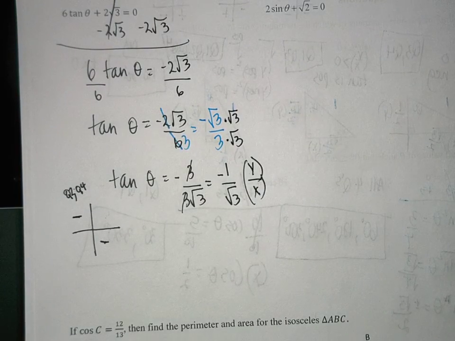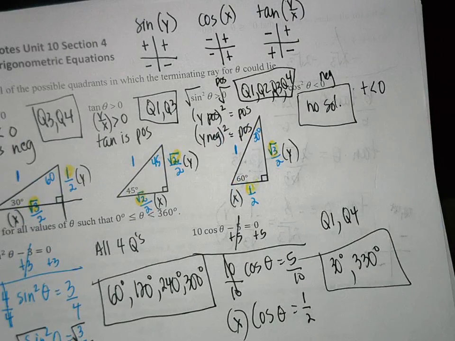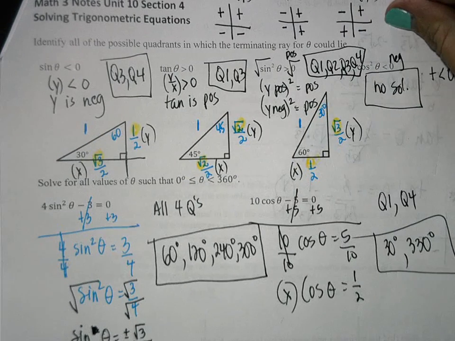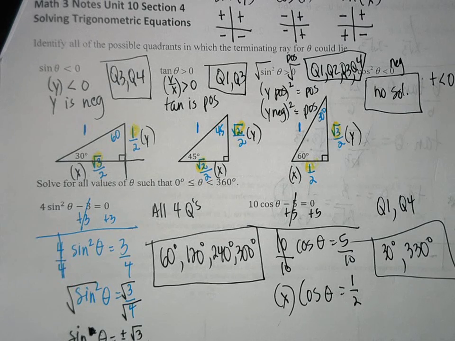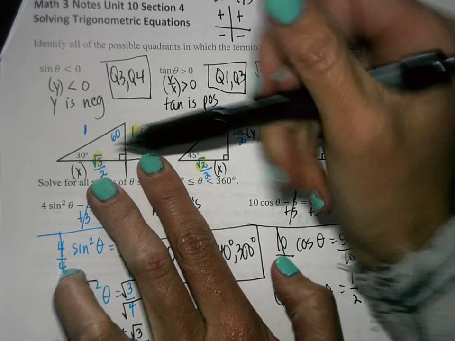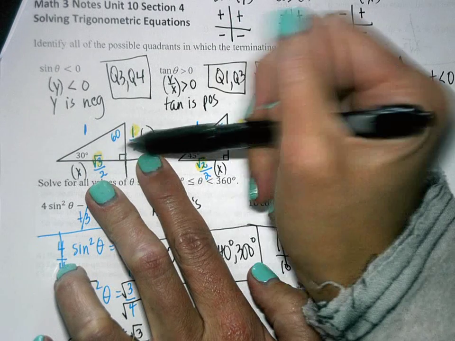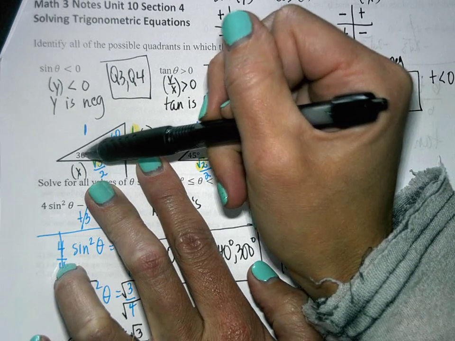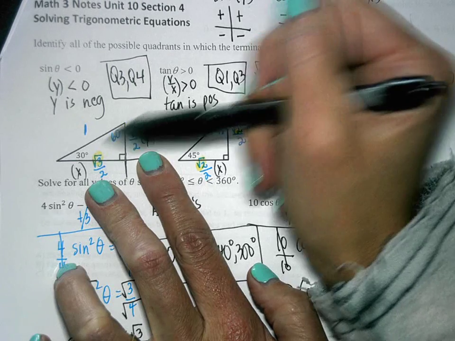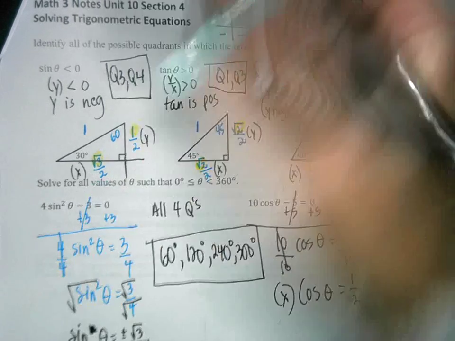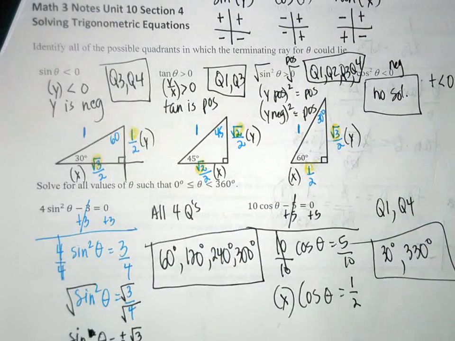If we go back to our triangles on the other page, where is y 1 and x root 3? And so you can see right here, y is 1, x is root 3. This then is a 30-degree triangle, okay? The y value over the x. 30 degrees is for quadrant 1.